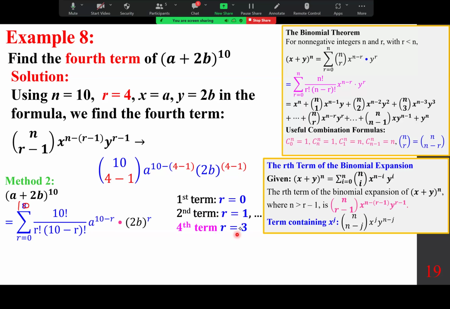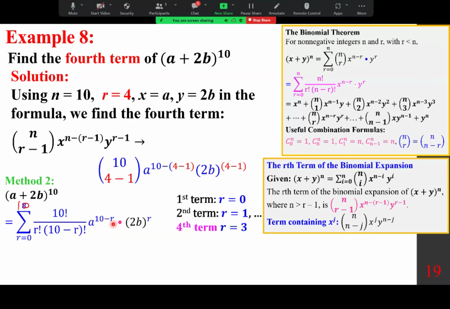For the fourth term, r is 3. I hope you remember that for the first term, we have 10 choose 0. Do you remember that? So the very first term becomes 10 choose 0. That's what we are referring to as r. 10 choose 0, 10 choose 1, 10 choose 2, 10 choose 3, 10 choose 4, and so on and so forth. Fourth term, r equals 3, so it's 10 choose 3.